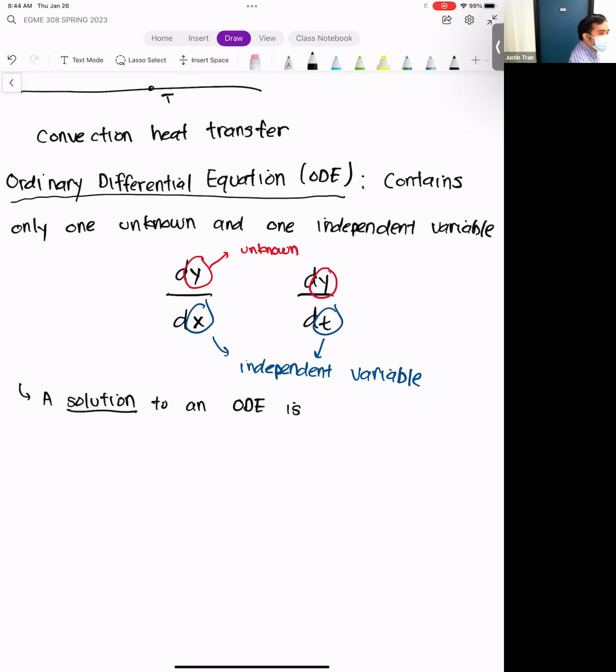In contrast, when you're solving an ordinary differential equation, what you're looking for is not just one number, not just one value. It's actually going to be a full-on function. You should get a mathematical expression most of the time, and that mathematical expression should be a function of the independent variable.